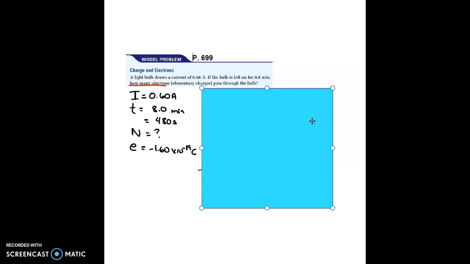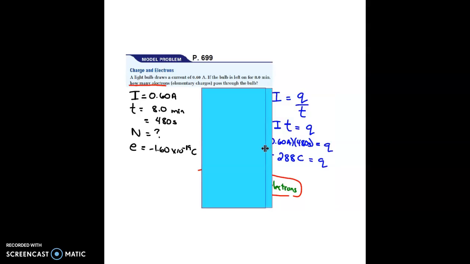We start with a formula from yesterday: I equals Q over t, and we rearrange to solve for Q. Q equals current times the time interval. We plug that in, making sure you change your times to seconds, and you get 288 coulombs.